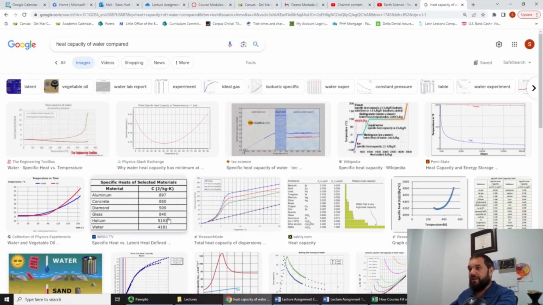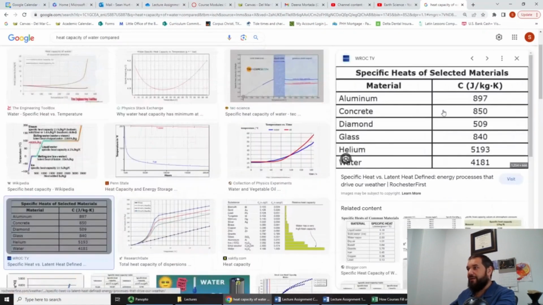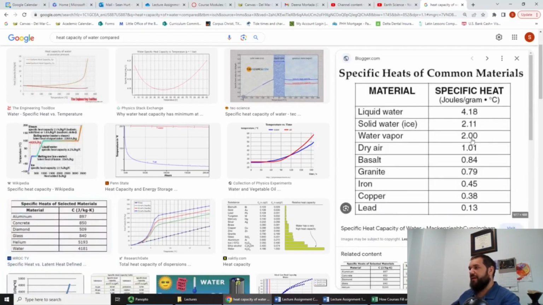So if you look at water here, water has a heat capacity of 4,181 joules per kg per Kelvin. I guess helium has a higher one, but it's really insanely high compared to things like glass, diamond, concrete, aluminum. It's comparing it to different things, and you could see that water is right on top. Here's 4.18.